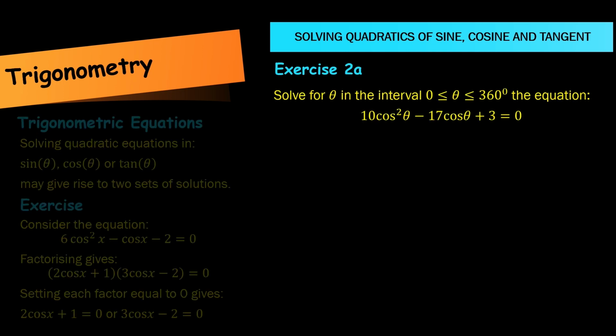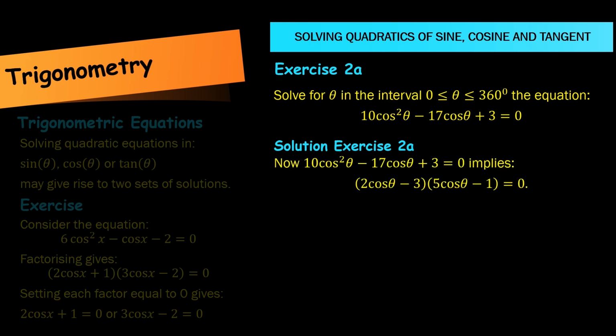Let's now take a look at exercise 2 part A. We are required to solve for theta in the interval 0 less than or equal to theta less than or equal to 360 degrees, the equation 10 cos squared theta minus 17 cos theta plus 3 equals 0. So let's solve this.